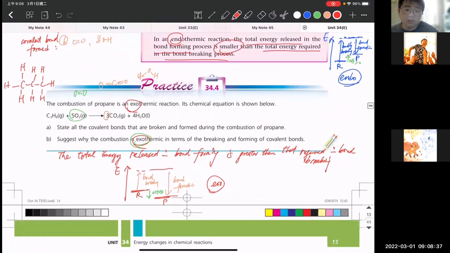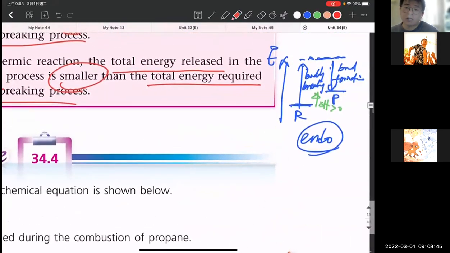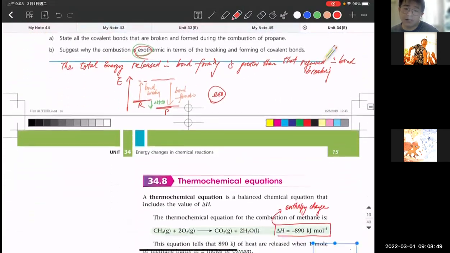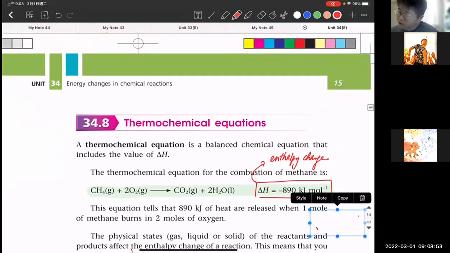One is the delta H arrow pointing downward, and the other one the arrow of delta H pointing upward like this, together with the sign of delta H smaller than 0 and larger than 0. If it carries a minus sign, what does it tell about the reaction? We call it exothermic or endothermic.